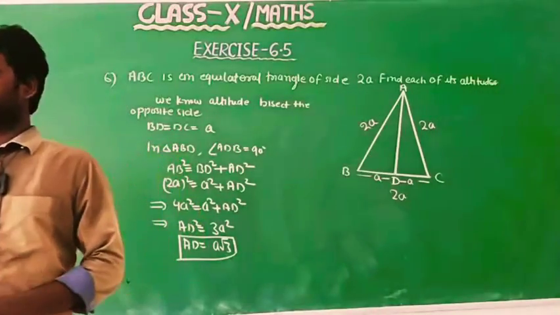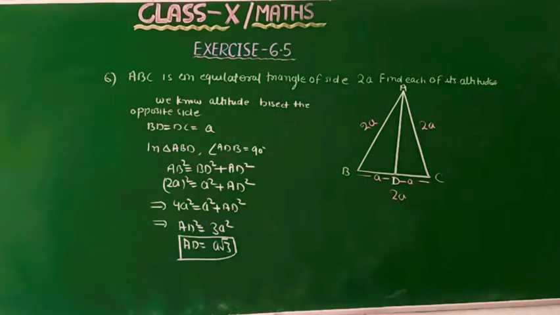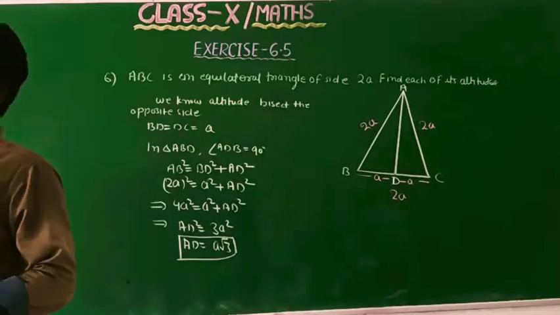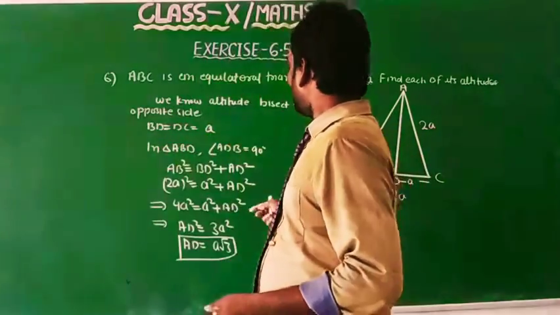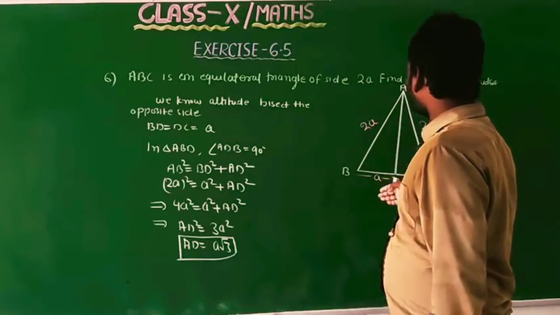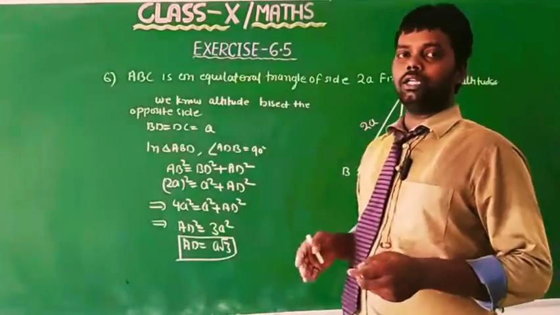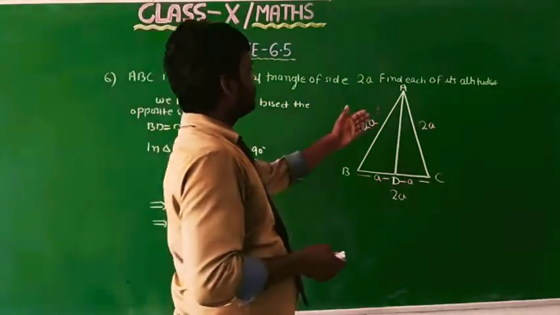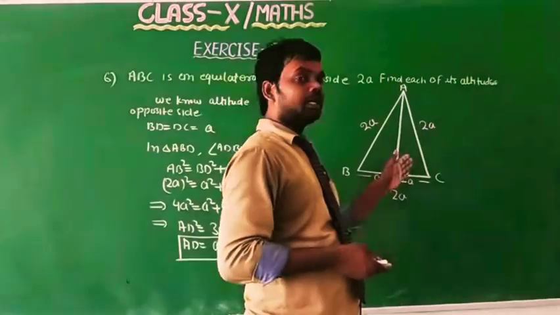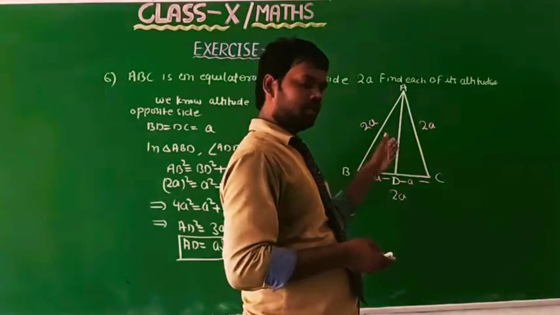And as we know, in an equilateral triangle all altitudes are equal in length.